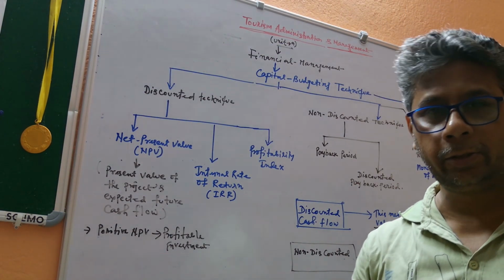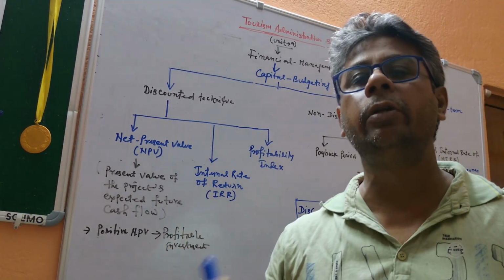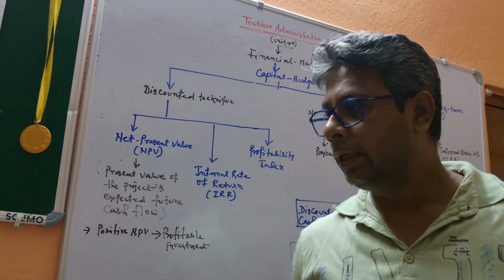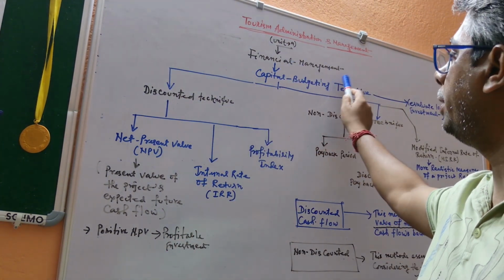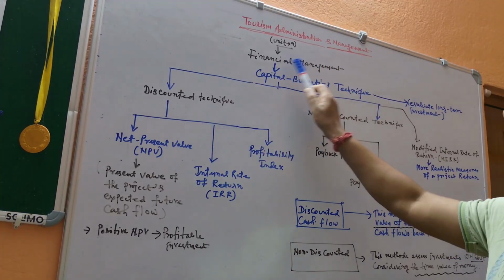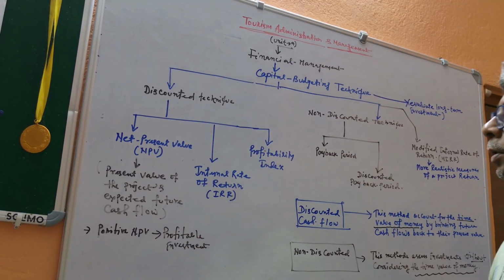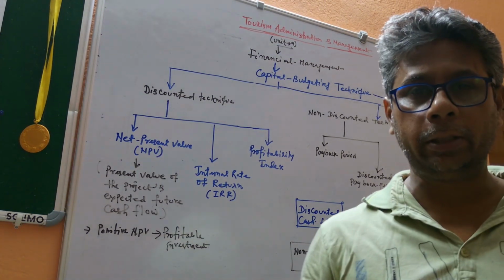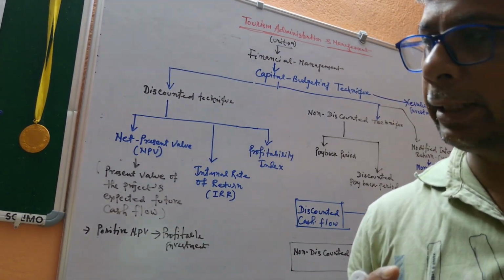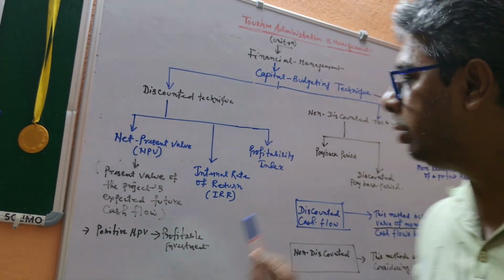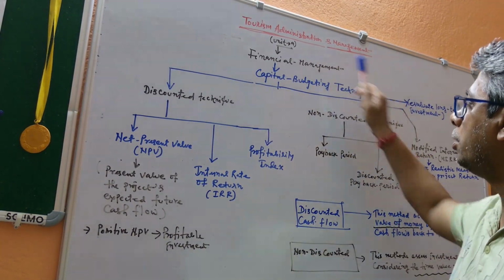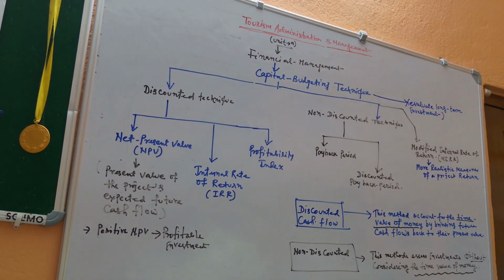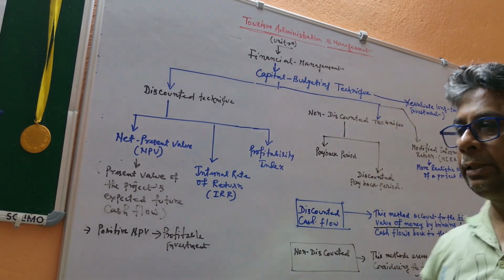Good afternoon, my dear student. Today we are going to learn the financial technique, capital budgeting, in financial management. The capital budgeting technique can be divided into two parts. Number 1, discounted technique. Number 2, non-discounted technique. In my previous video, I have already discussed the capital budgeting technique.